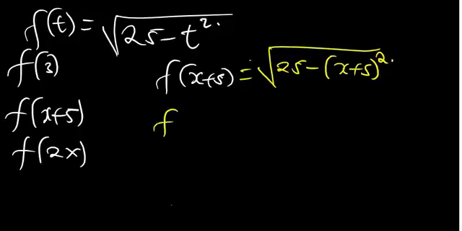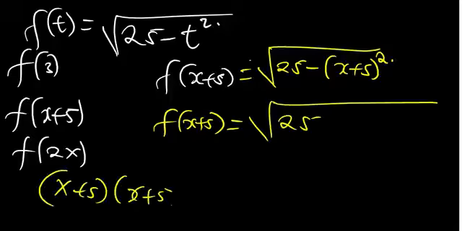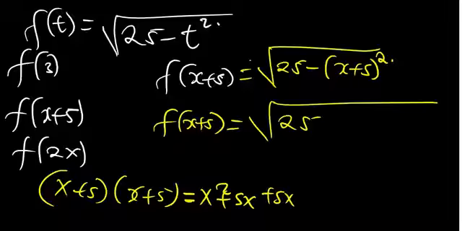This is the same as 25 minus x plus 5 times x plus 5, and I can expand this. x times x gives me x squared, x times 5 gives me 5x, then 5 times x gives me 5x, 5 times 5 gives me 25.